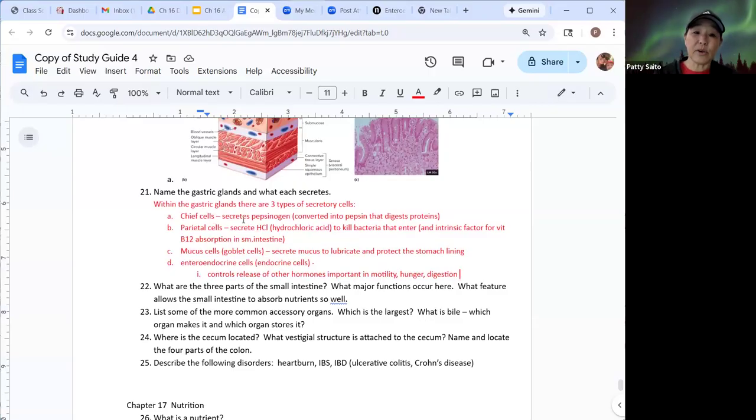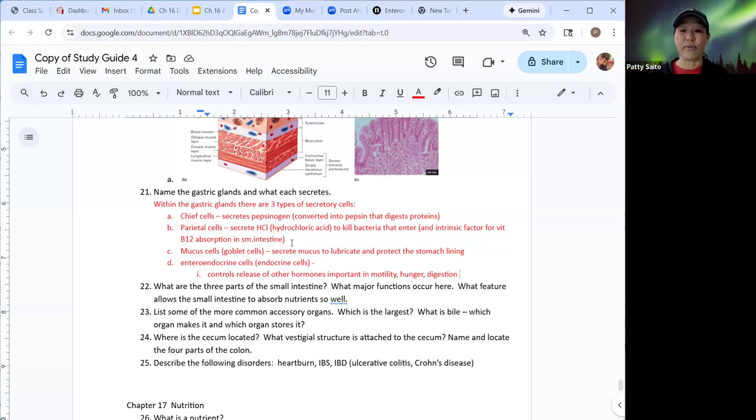Okay, chief cells secrete something called pepsinogen. Pepsinogen is a kind of precursor enzyme that is converted into something called pepsin. Pepsin is the enzyme and it digests protein. Parietal cells secrete hydrochloric acid, which makes the contents, the gastric juices in the stomach, acidic.